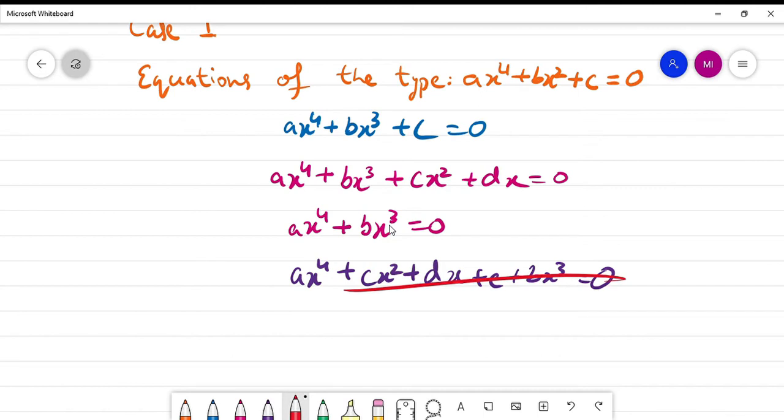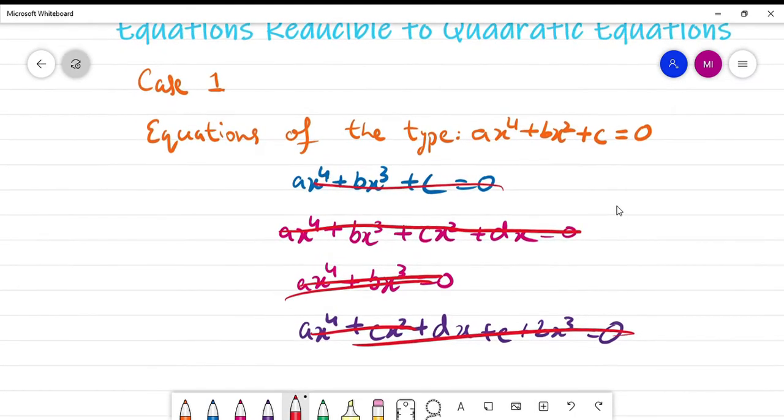Nope, none of these are going to work. Only equations of the type ax to the 4th plus bx squared plus c.